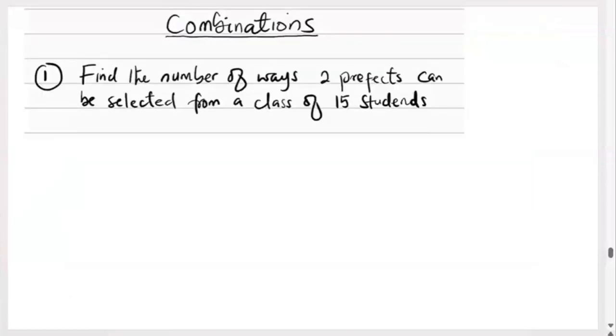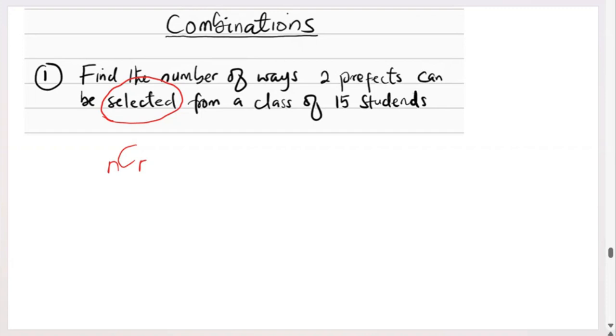Okay, let's look at this context. Find the number of ways 2 prefects can be selected from a class of 15 students. Here it says selected. Remember, selection is all about the combination, so I already know this is the formula I'm going to be using. Just by reading the story, I can see there's no order.